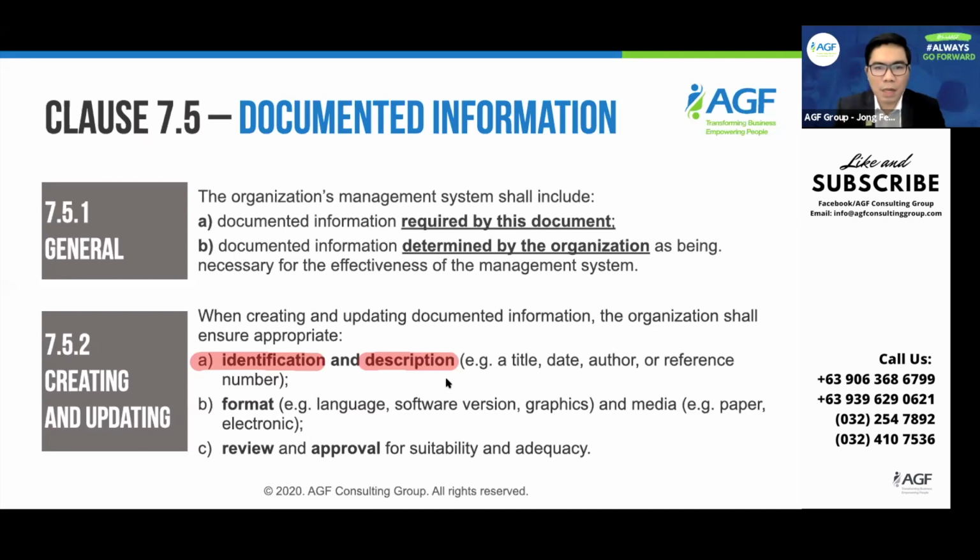So when you are documenting, when you are creating, first, of course, you need to create your document, right? By the way, when we say documented information, we're referring to the hierarchy of documents. Let me repeat that, the hierarchy of documents. In other words, the different levels of documentation.